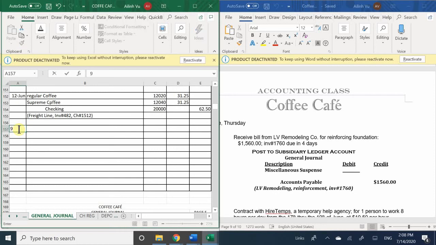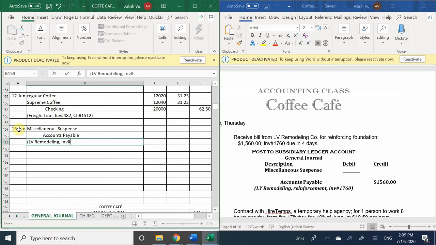So 613. Okay, and we're going to do miscellaneous suspense, and we're going to create an accounts payable. And here I'm going to go ahead and indicate that this was from LV Remodeling.